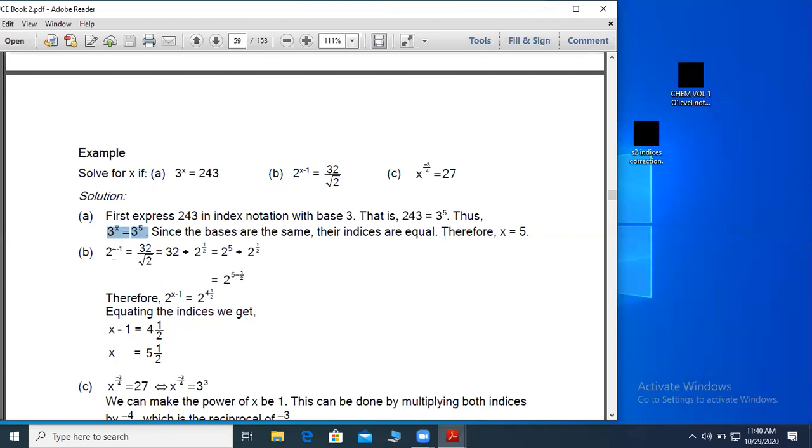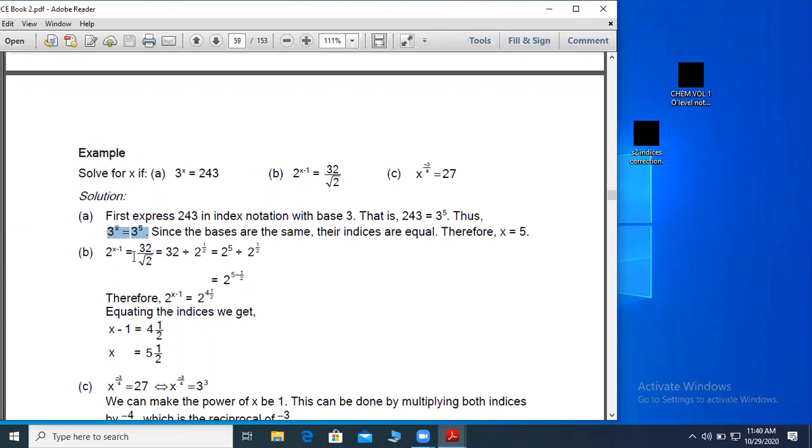Now, in part B, we have 2 to the power x minus 1 equal to 32 out of root 2. So 32 divided by root 2, what we do is remember when we were starting that time, we said the square root of 2 is equal to 2 to the power a half.